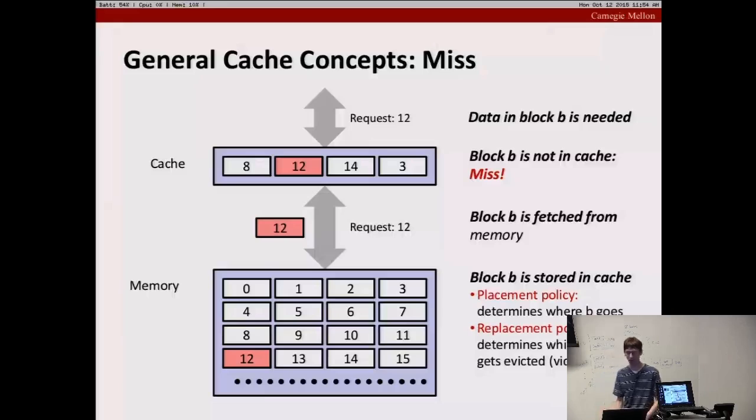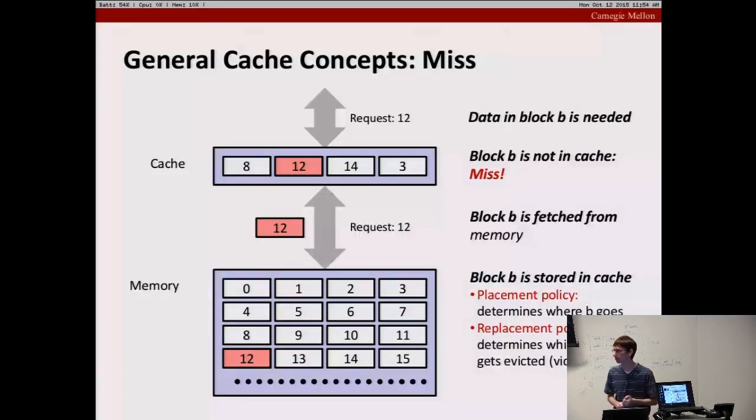That's whatever has been the longest since we've accessed it, because that's the least likely that we'll access it again in the near future. You could also just replace at random. That's a different replacement policy. In practice, that usually is not as good.